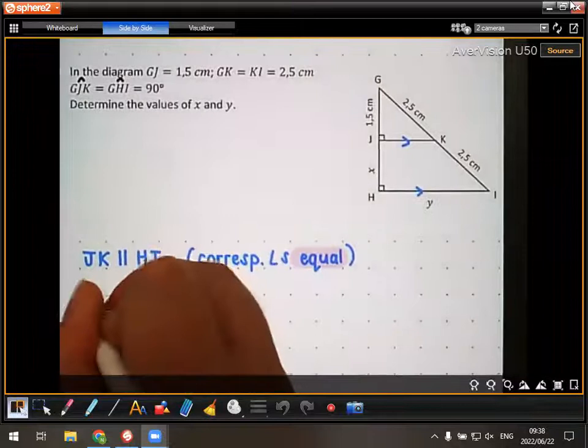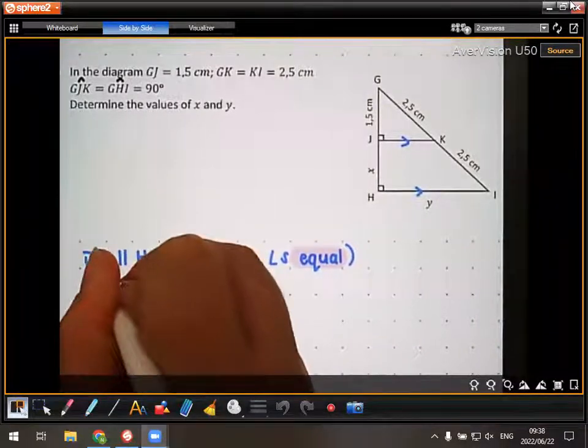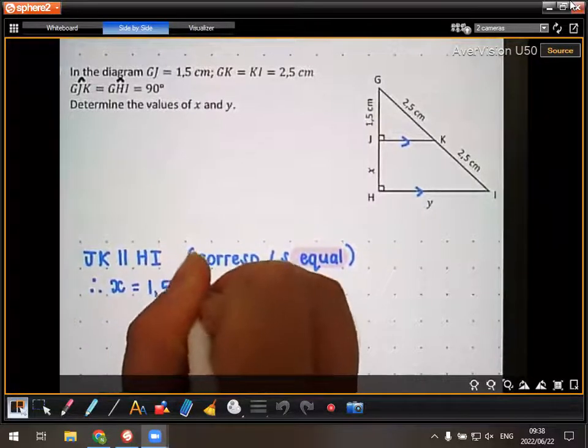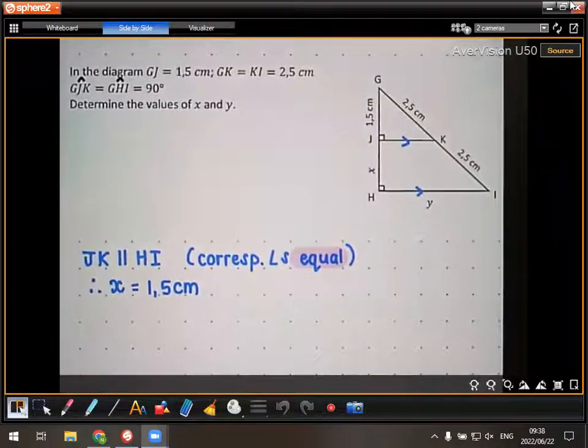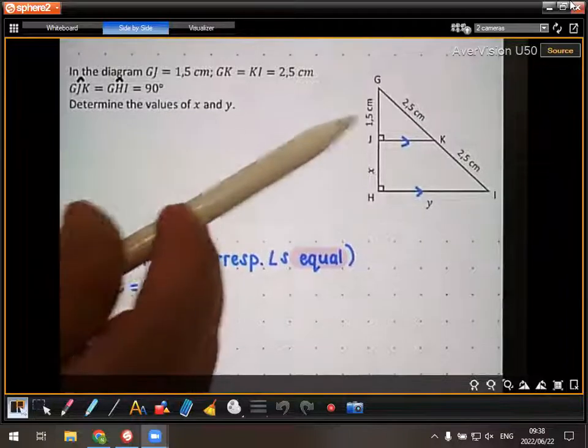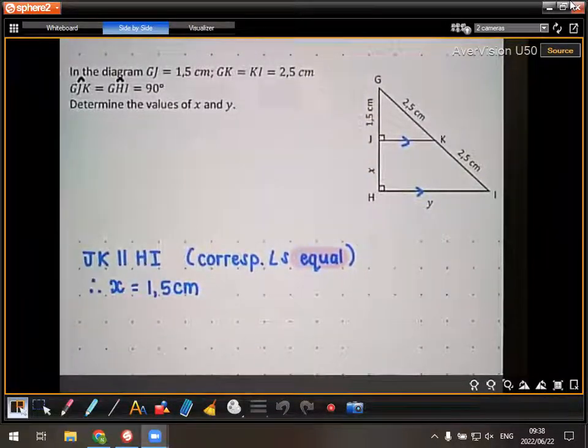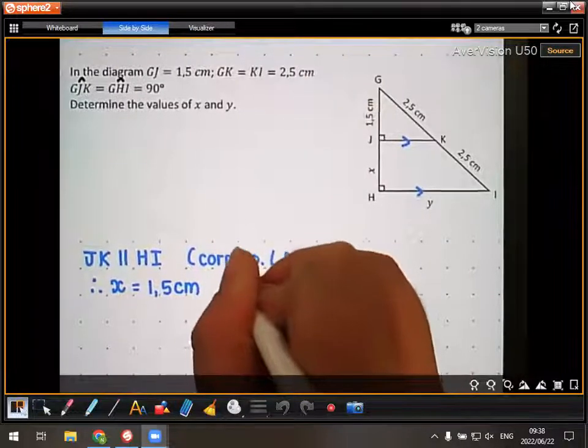So we can use that to say that X is going to be 1.5 centimeters. If J is the midpoint, then these two parts are supposed to be equal to each other. Now we need to write that long reason, right?